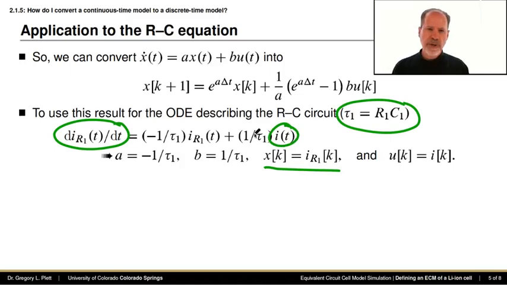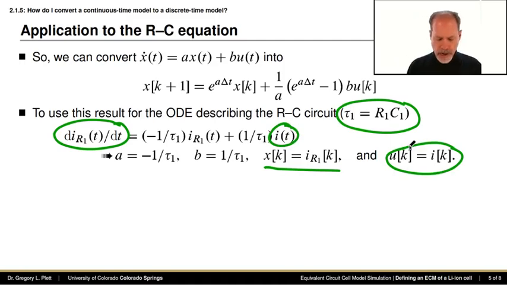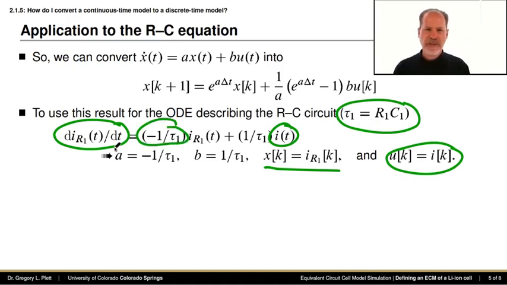That must be u in our generic form. So yep, u of k is equal to I of k in this equation. And then we say, oh, in the generic form, I have an a times x, so that value must be what we call a. And so a is negative 1 over tau 1. And then I have a b times u, so that value must be what we're thinking of as b, the 1 over tau 1.